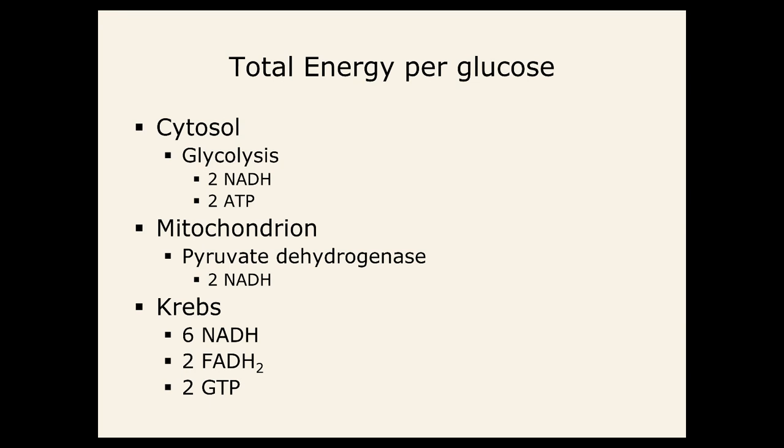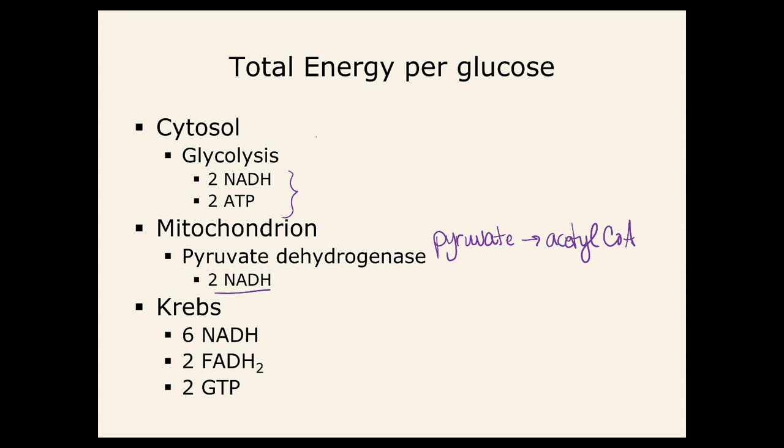Okay, so take a minute to do some bookkeeping now and put this somewhere in your notes that where we are at in the cytosol, we have glycolysis. These are the numbers. Okay, the mitochondria, pyruvate dehydrogenase, that was the reaction of pyruvate to acetyl-CoA gives 2 NADH.